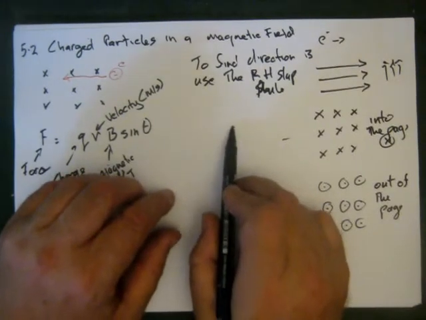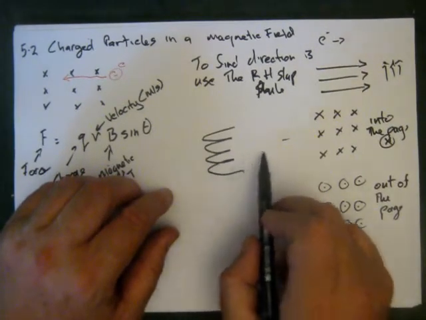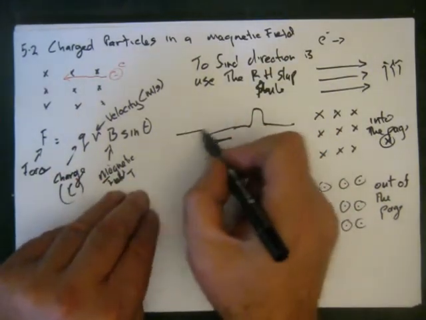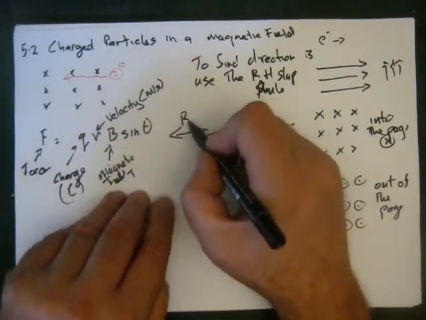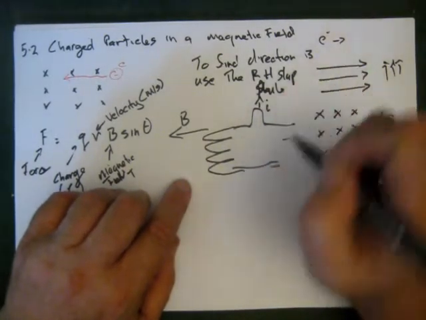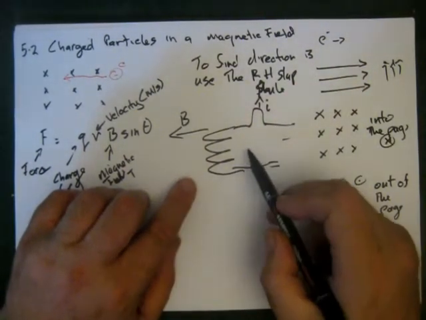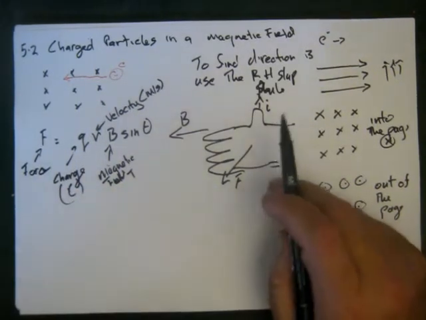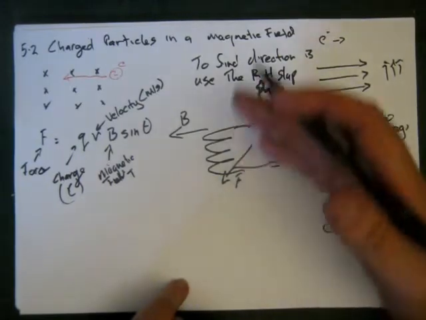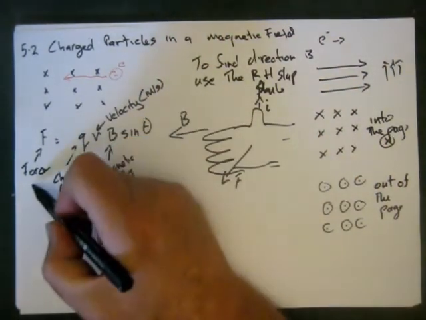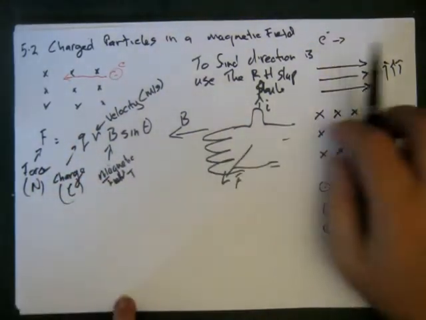Basically, if this is my right hand, there's my fingers, there's my thumb. I stick the fingers in the direction of the magnetic field, I stick the thumb in the direction of the current, and that means the force is going to be in the direction my palm's facing. Force, of course, is going to be measured in newtons. I should put that in here.